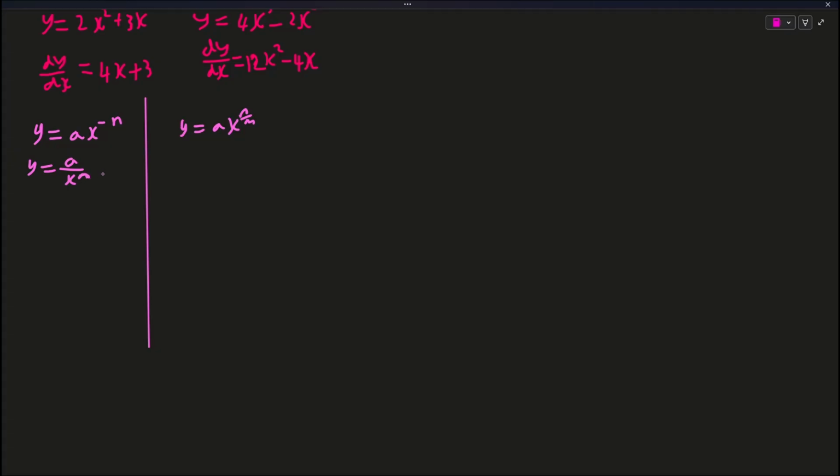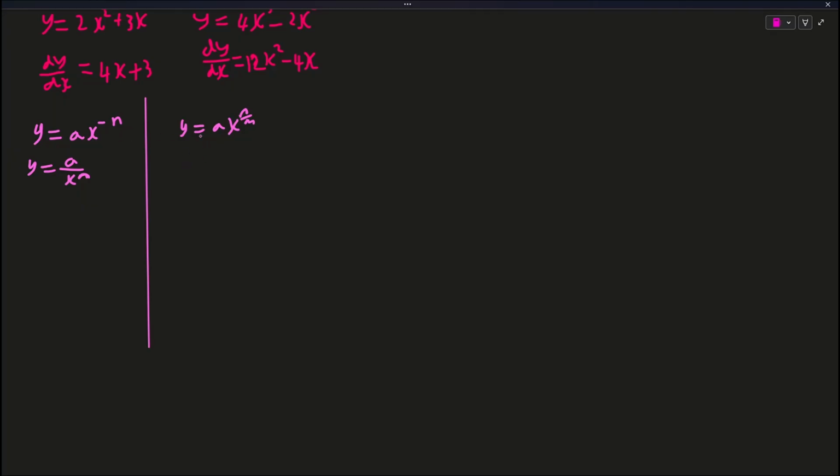Because if you were to have a question, it may be in this format, but it's the same as this. So if a power is in a fraction, so for example, x to the n is a denominator, it's the same as the numerator times by x to the negative n.